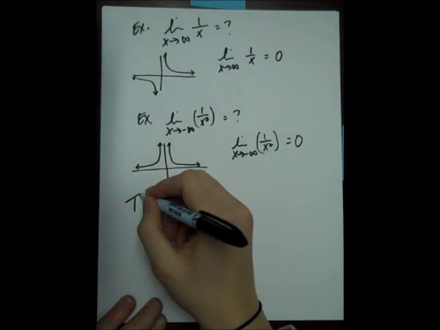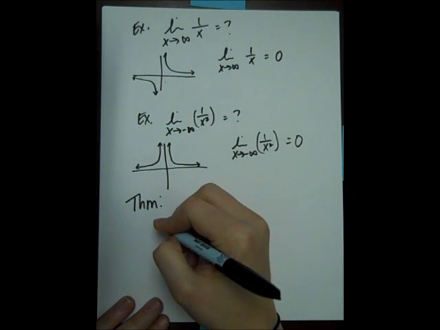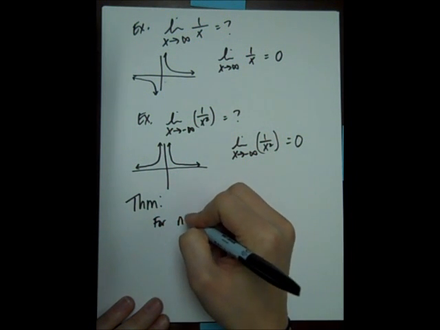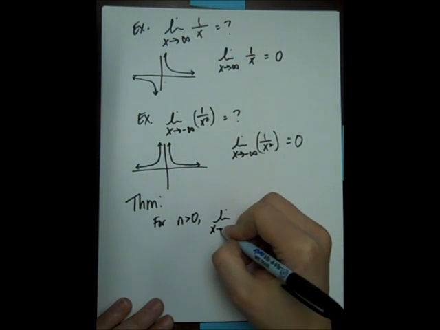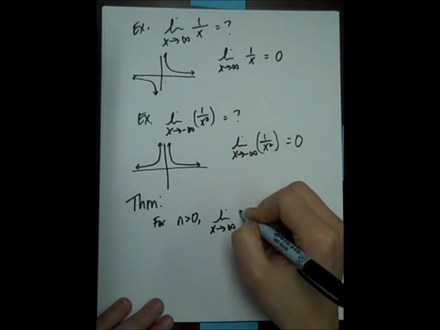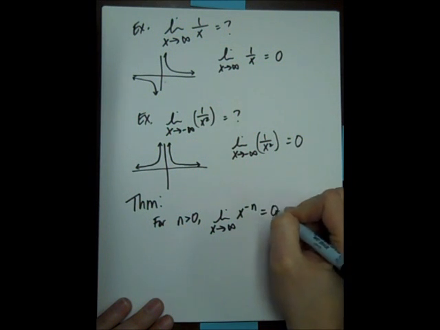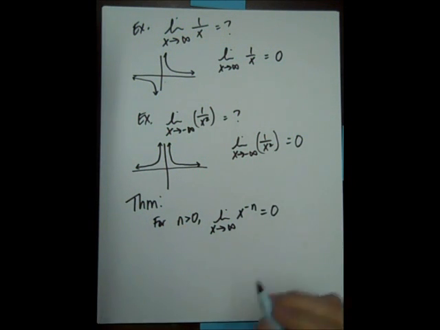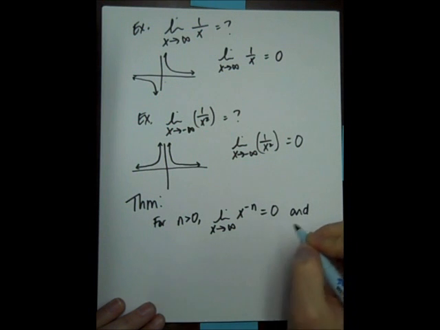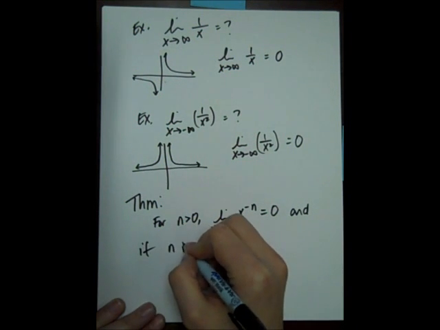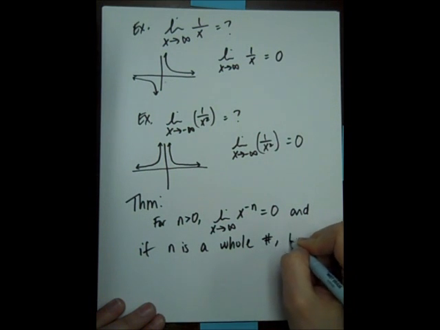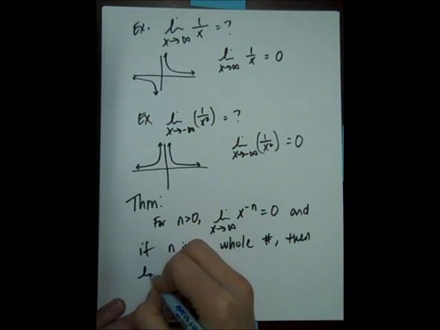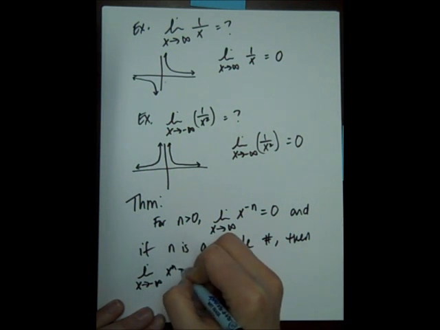Now here's a theorem that might help us. For n greater than 0, the limit as x approaches infinity of x to the minus n is equal to 0. And if n is a whole number, then the limit as x approaches negative infinity of x to the minus n is 0.